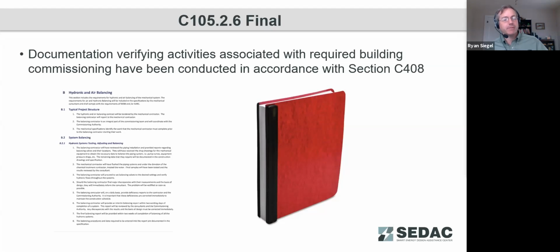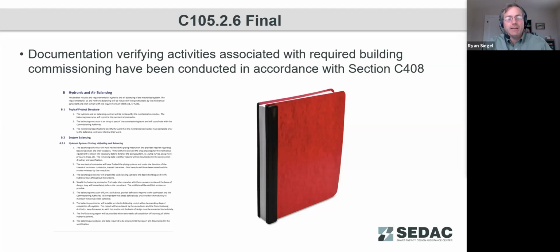Understand that this is not practical to verify, because following a certificate of occupancy, that is kind of where the code official's job ends. So how we see this addressed in some municipalities is that one of the pieces of documentation that has to be provided as part of this final inspection is a letter from the building owner that they understand they are to expect to receive the O&M documentation and manuals along with that listing within 90 days of the certificate of occupancy being issued.